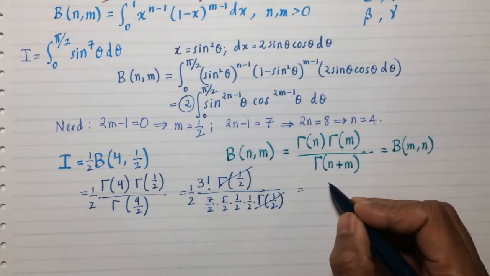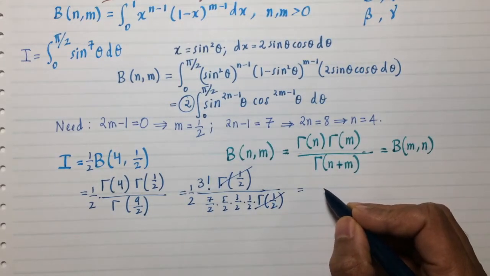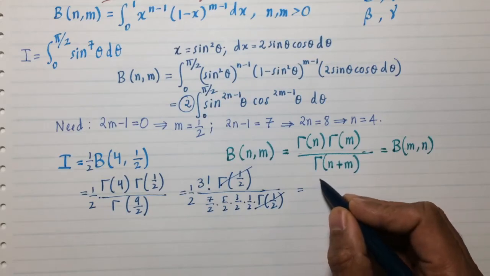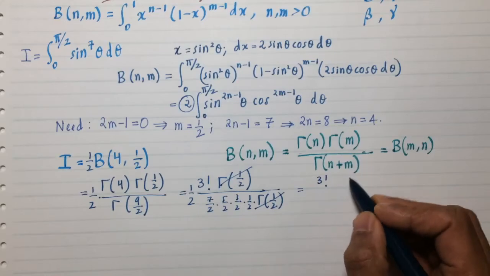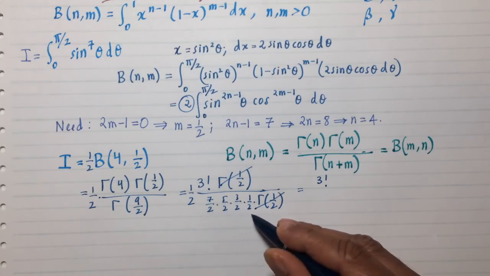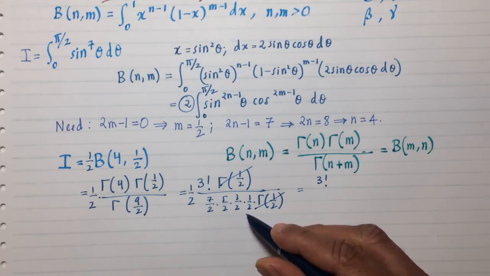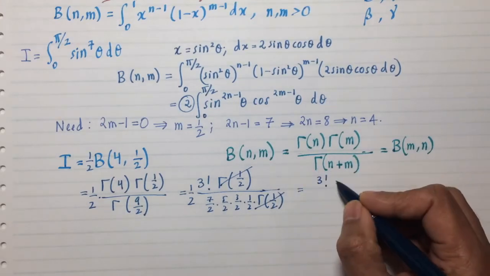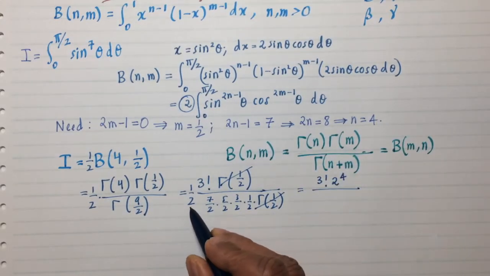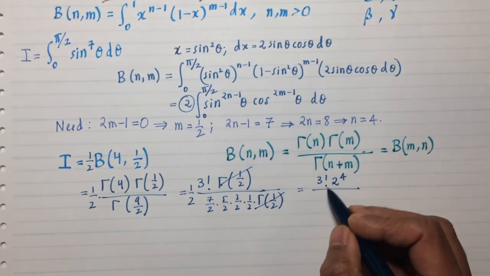So let's see if we can simplify this. This gives me 3 factorial. I'll leave that as it is. All these 2's, there are 4 of these 2's. I'll take 4 of the 2's upstairs. So I get 2 to the power 4, and then what I have downstairs is 2. So let's try to do this.